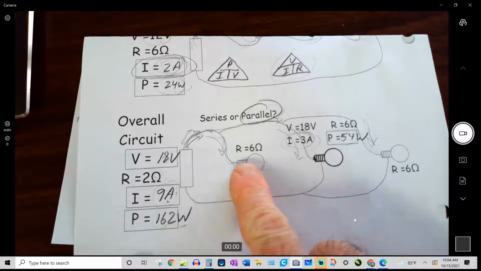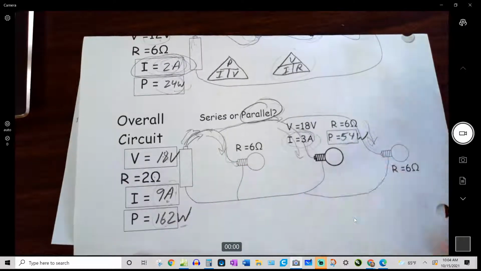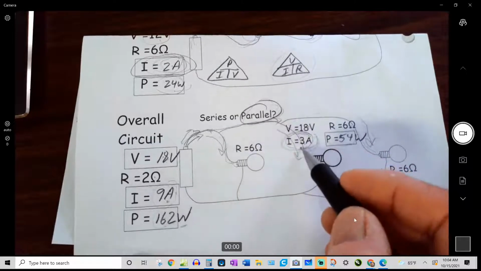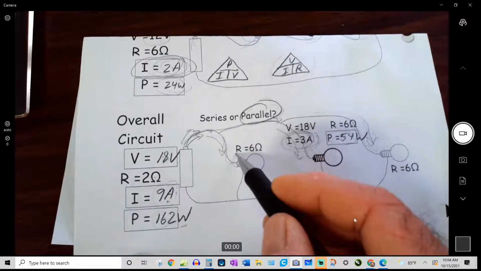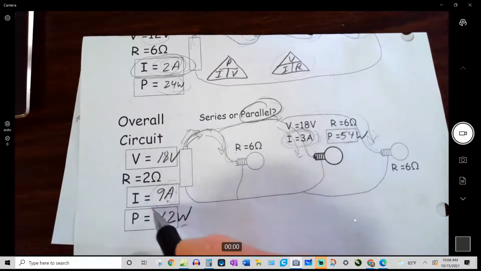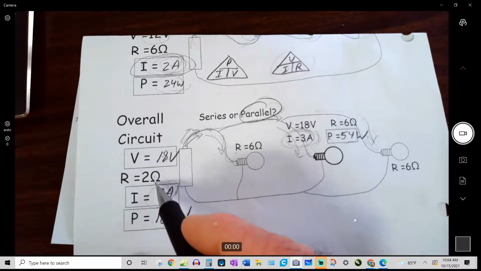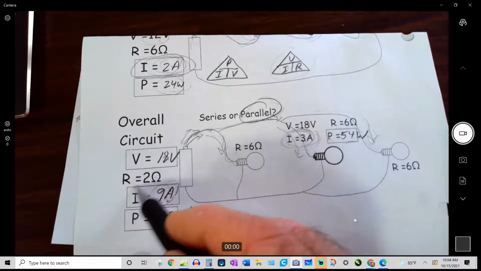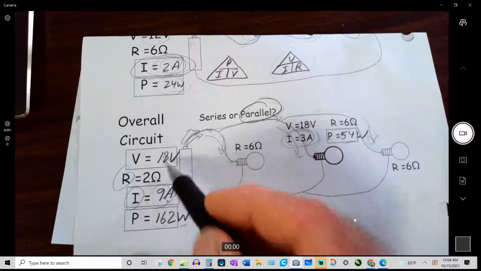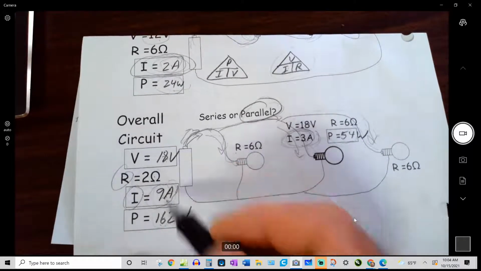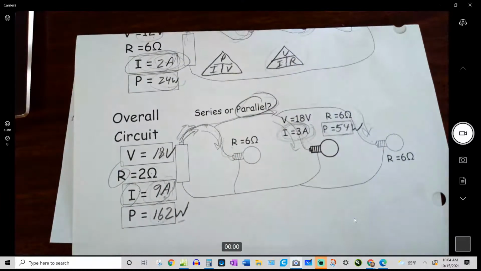And since these three bulbs all have the same resistance, they're all going to have the same amount of current. It's going to divide equally. So if this is 3, this will also be 3, and that'll be 3, and they'll add up to 9. So once I've got that 9, then I can use Ohm's law, and I can find voltage. Voltage equals I times R, 9 times 2 is 18, and power is V times I, so 18 times 9 is 162. That's it.